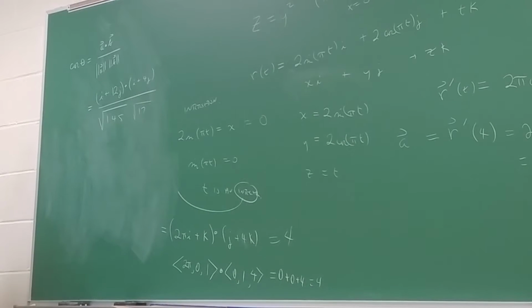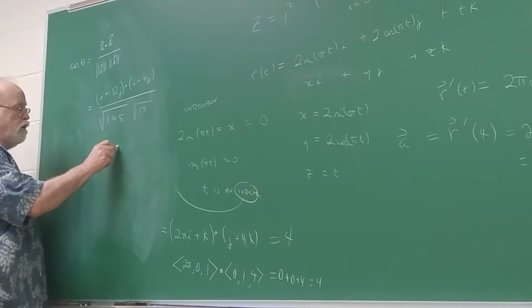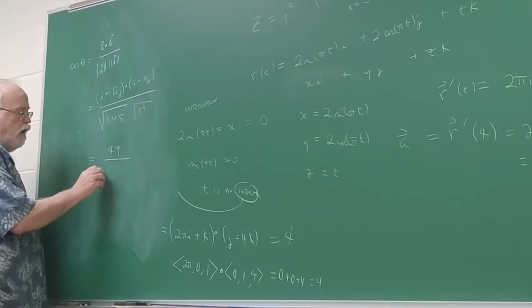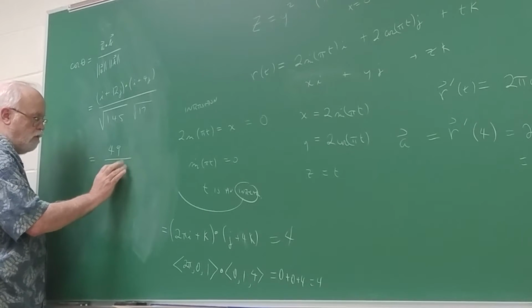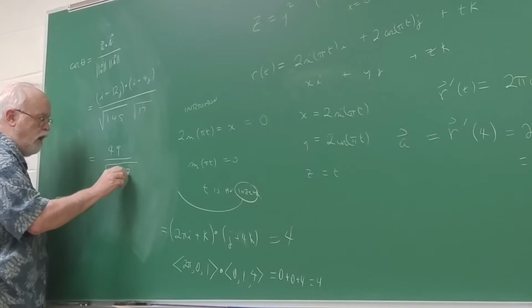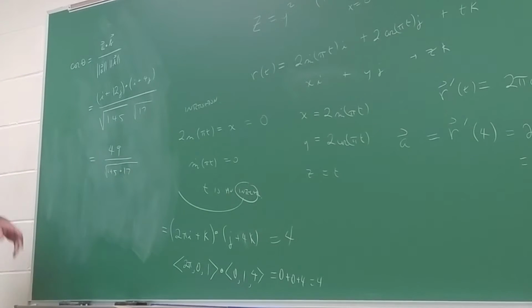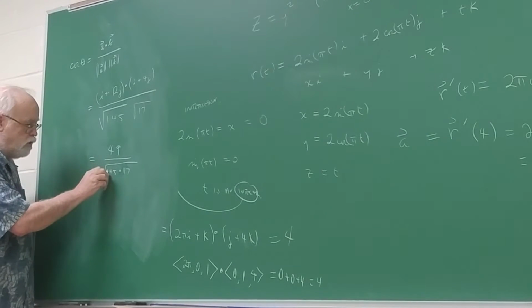So, what's the dot product? I believe it's 49. I believe you're right. And I'd like to actually work the thing out this time. So go ahead and calculate that cosine for me.